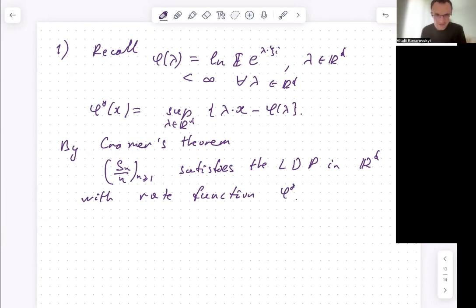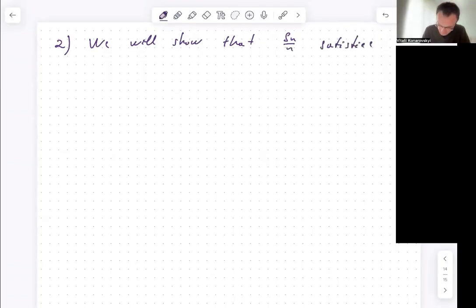Okay, next let's realize the second part. Namely, let's show that this family satisfies the large deviation principle on delta. We show that S_n divided by n satisfies the large deviation principle in delta with rate function phi star restricted to delta.